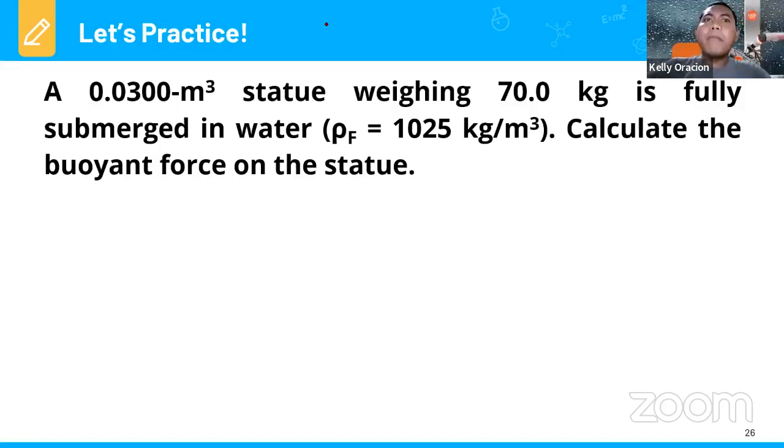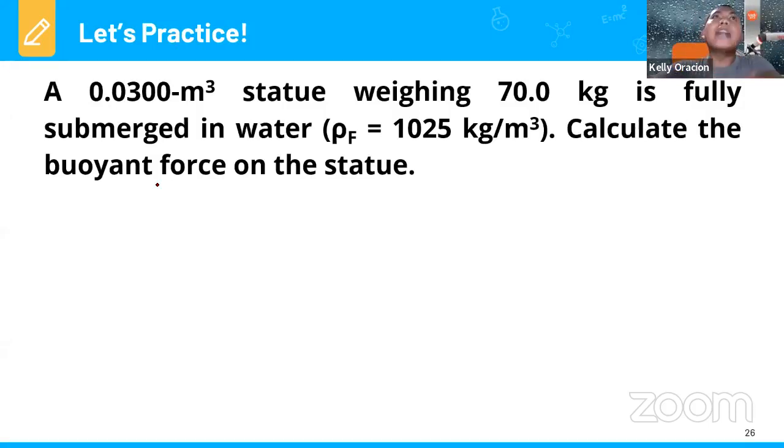Is it okay to meet Friday or Saturday? I'm not free Saturday, sir, but Friday is possible. Friday, okay. Anyway, let's chat. Sige, let's solve this one.